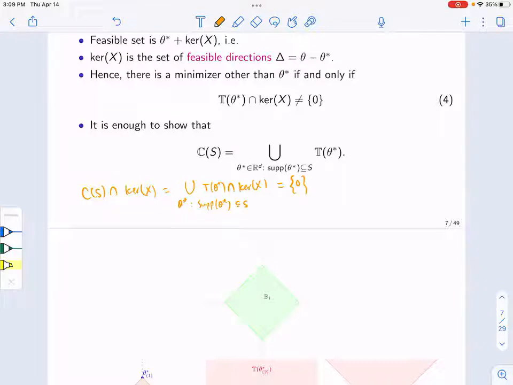If this is non-zero, then there's at least one that I cannot immediately recover. So this condition holds if and only if I can recover all theta stars that are supported in S. So the only thing that we have to show is something like that.